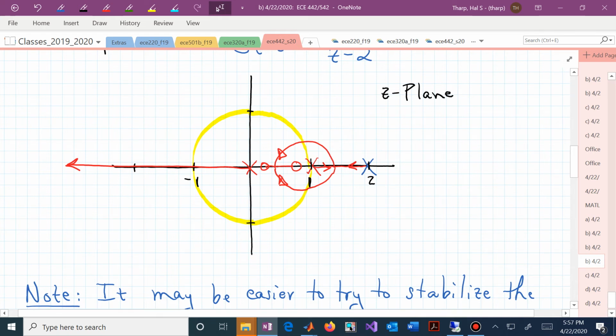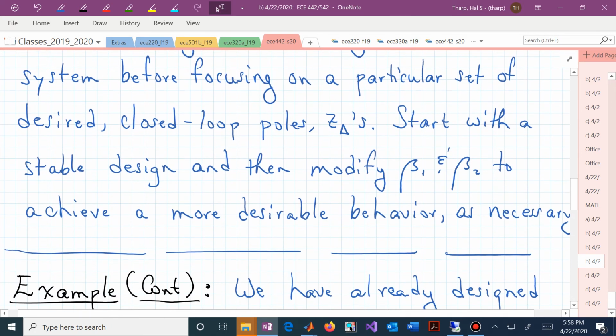Well, now we can actually use MATLAB to adjust those zeros and more effectively see how those changes in the 0 locations correspond to the particular structure that we want for our desired closed loop poles, or these triangles.